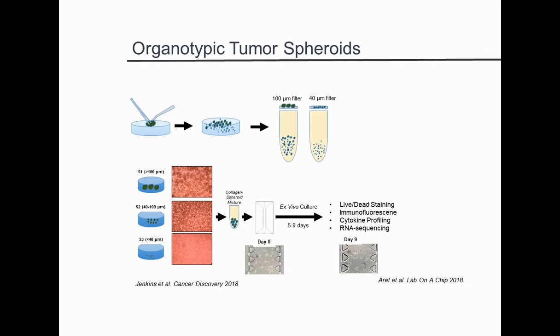After they've incubated for about 30 minutes at 37 degrees, we hydrate these devices with media containing either an antibody isotype control, like an IgG antibody, an anti-PD-1 antibody, or for combination treatments, you can add a small molecule or targeted therapy, and then we can observe the response of the tumor immune microenvironment over time in a given microfluidic device.